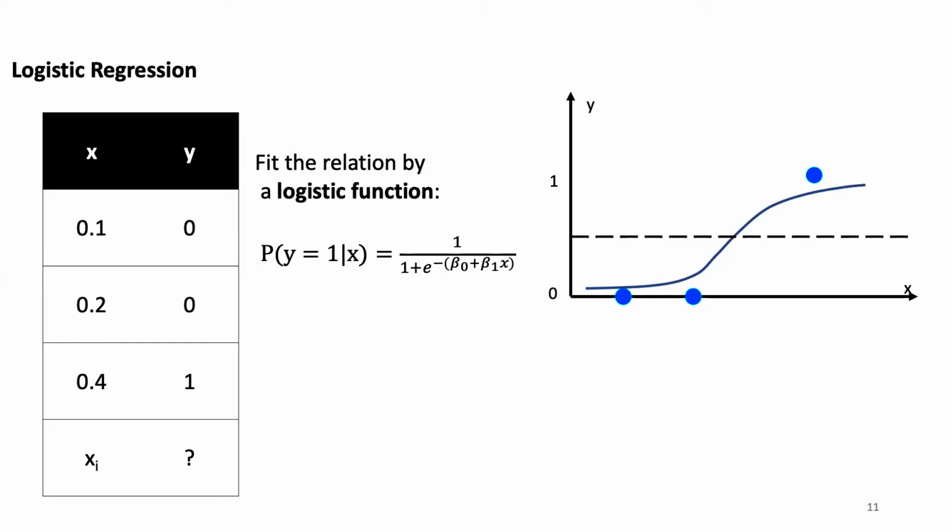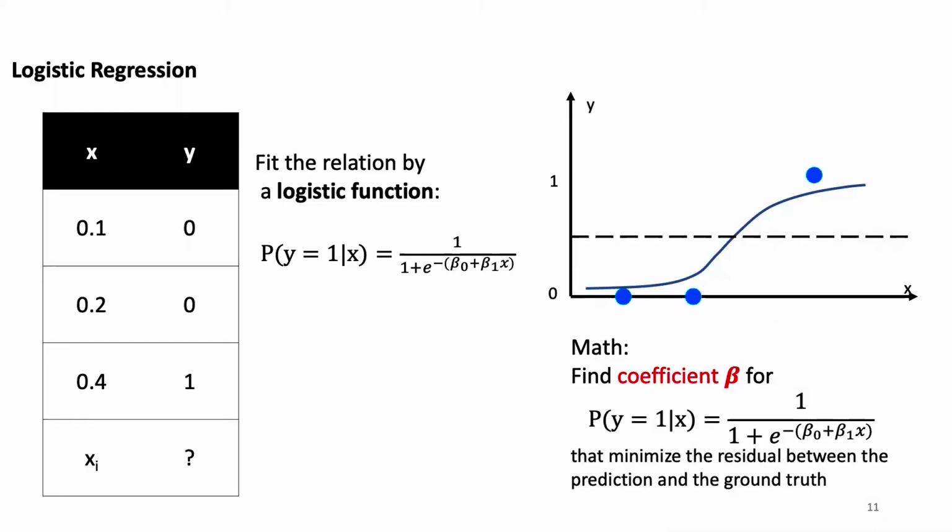And it gives you a prediction for a given x and its probability. You can then draw a threshold and use the threshold to classify the prediction into different classes. And then you want to find the coefficient beta that can minimize the difference between your prediction and the ground truth. So this is the idea of logistic regression.